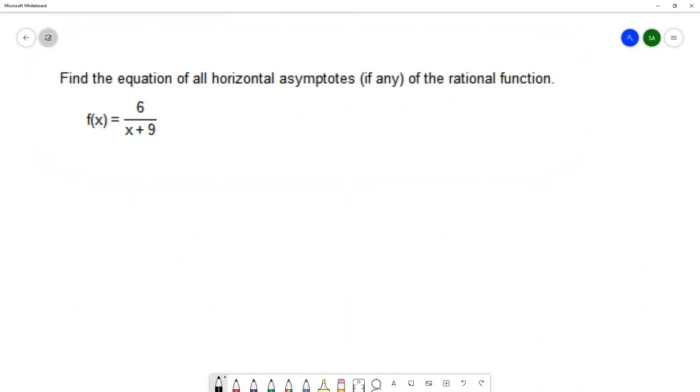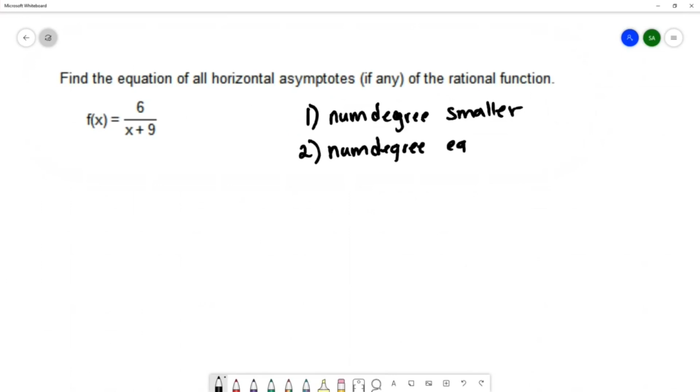And in our cases, the first one is that the numerator degree is smaller than the denominator degree. In the next case, the numerator degree is equal or the same as the denominator.